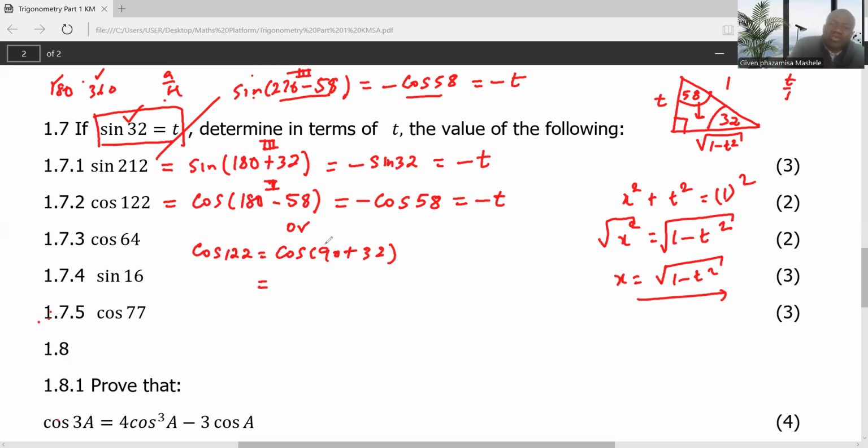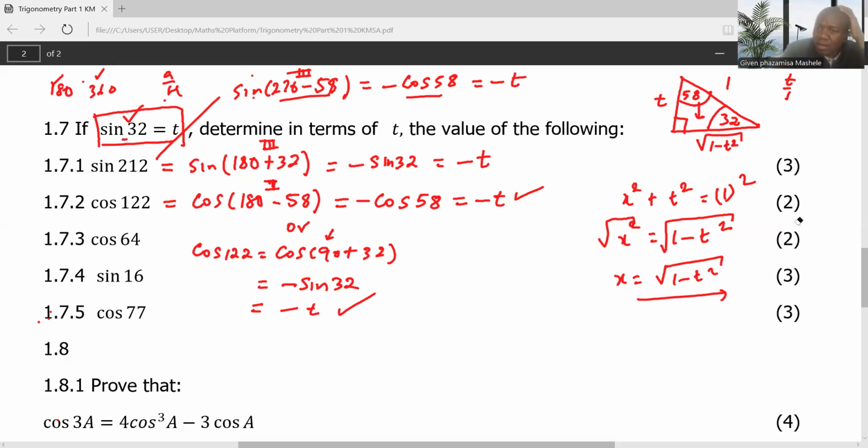But don't forget, once you use 90, the cofunction must change. 90 plus an angle, which quadrant? It is in the second quadrant where cos is negative. So it will be negative, but because of 90, it becomes sine 32. Already we know sine 32 is t. So the answer is negative t. Same answer.